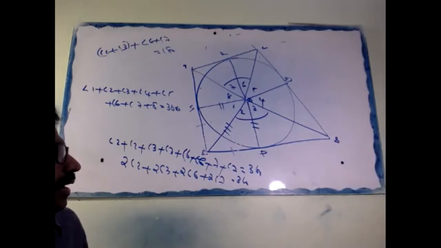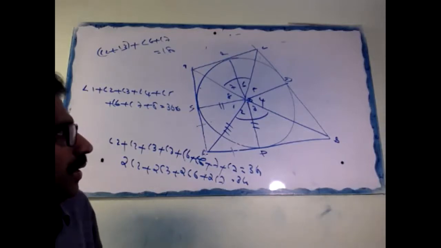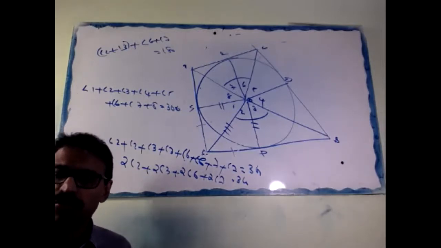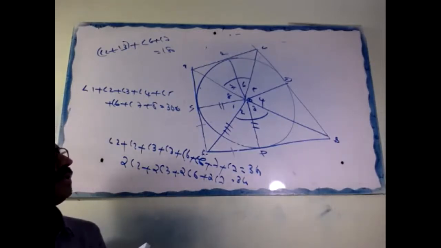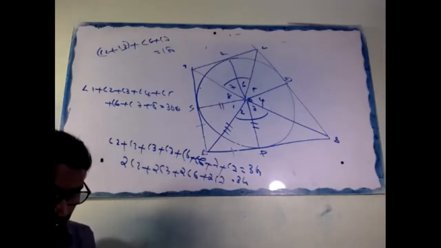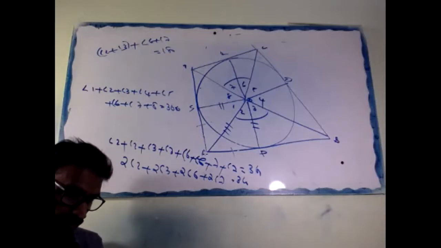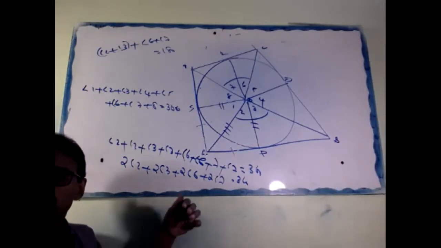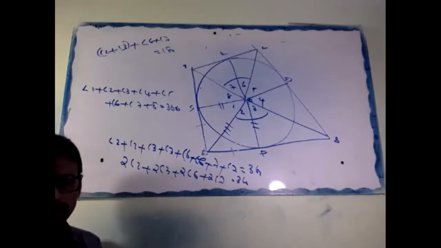But AOB plus DOC is 180, proved. Therefore, BOC plus AOD equal to 180. This proves the second part.